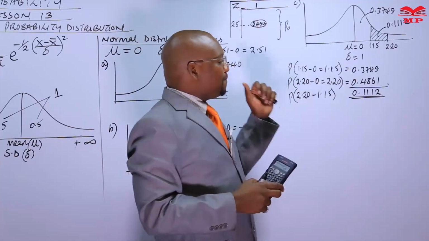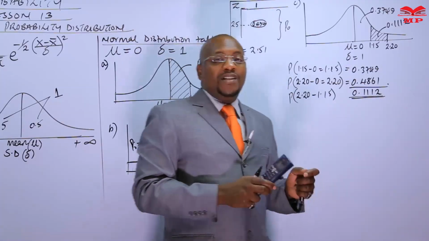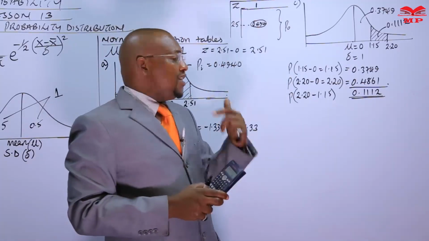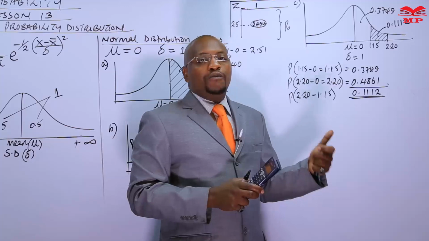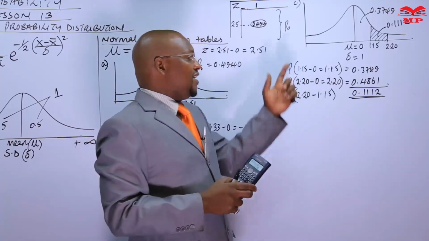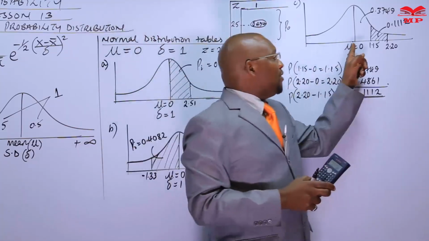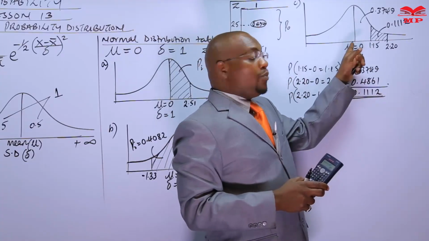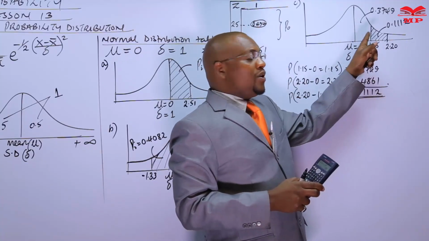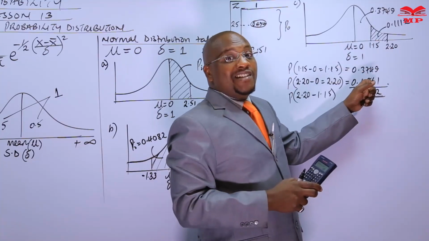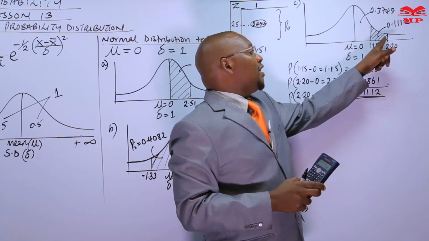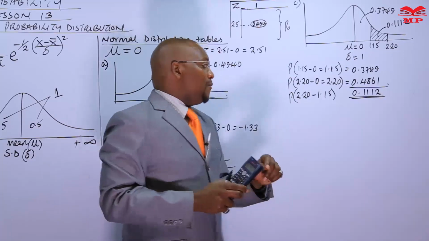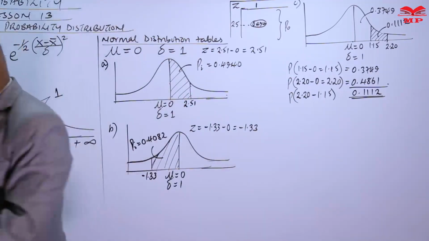Remember, this is normal distribution, which is a continuous distribution, so it must be in terms of range. Range is what defines this. So range means from the middle point, which is 0, up to 2.20. So that one you get the whole of 0.4861. You deduct what you don't want, you get the area that you want. And that's how.